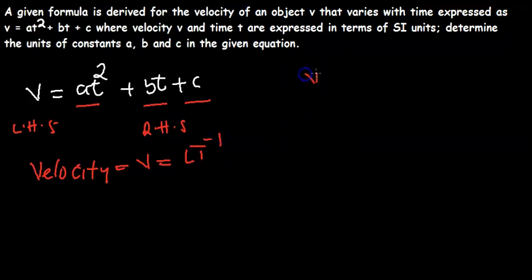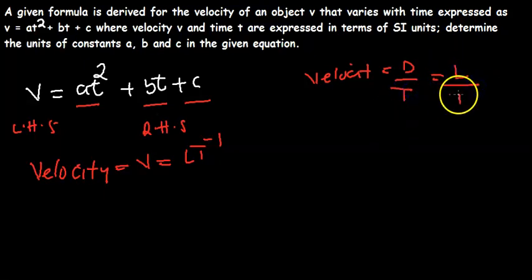If you remember, velocity is distance divided by time, and distance is measured in length, and time, which is T, we bring it up here, which is going to be LT minus 1. So this is the dimensional analysis for velocity.